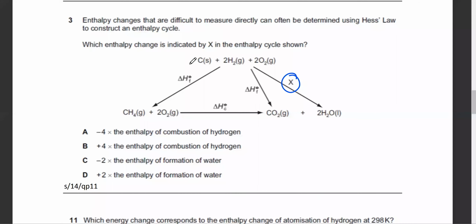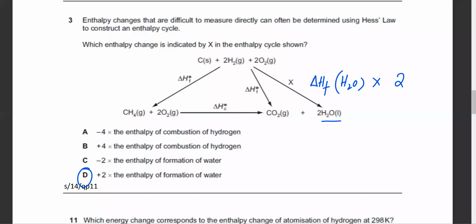Formation of water. Okay, so it's going to be the enthalpy change of formation of water, but how many moles? 2 times. Okay, so it's going to be twice the enthalpy of formation of water. So that's one way to identify that. So it's basically D, right? You're forming 2 moles of water.